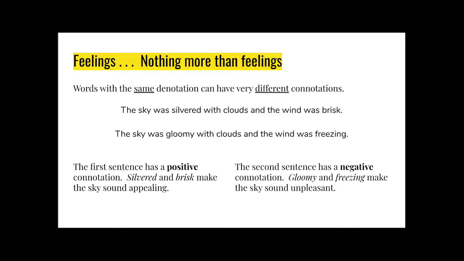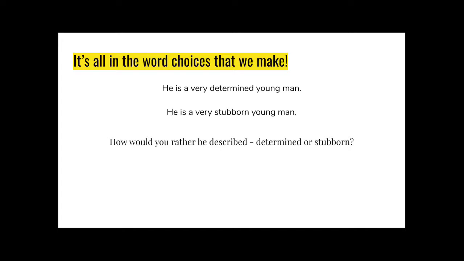The first one makes you feel pretty good. The second one possibly makes you feel like, I just want to stay inside and bundle up. So when we're writing, or when the author is writing, we really have to consider the word choices that we make.